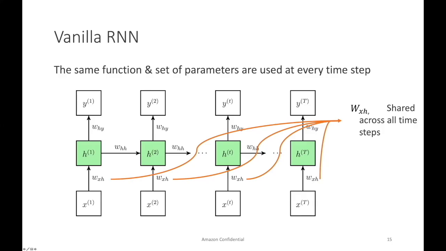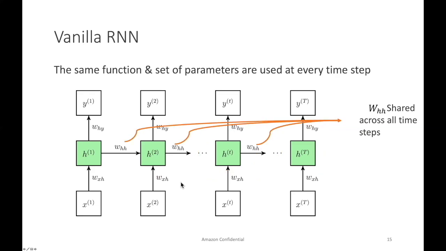They're shared across time. Basically, the weight matrix remains the same, and at each time step, the input is multiplied by the same weight matrix. Similarly, for the hidden it's the same, and even for the output it's the same. The weight matrices are all shared across time, while the input keeps varying throughout the time steps. The hidden state also keeps varying.